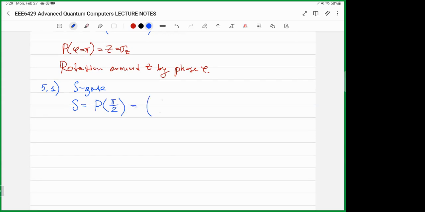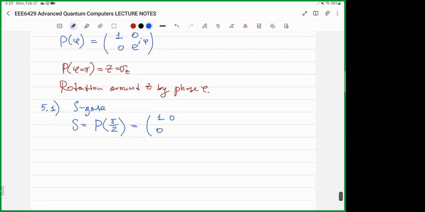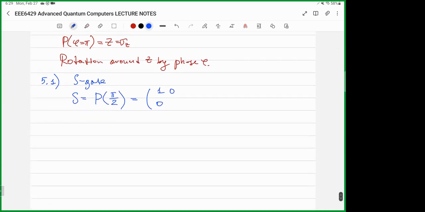So it's equal to 1, 0, 0, and then e to the power of i pi over 2 gives me i. So this is the matrix. Or in the outer product representation, it is |0><0| plus i|1><1|.